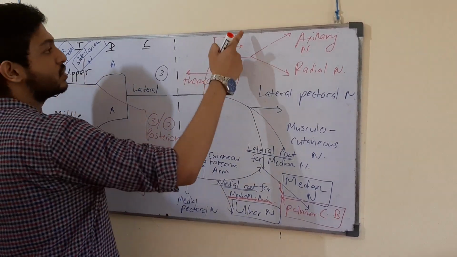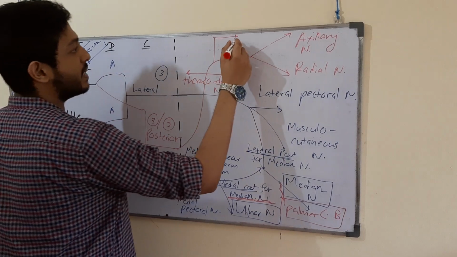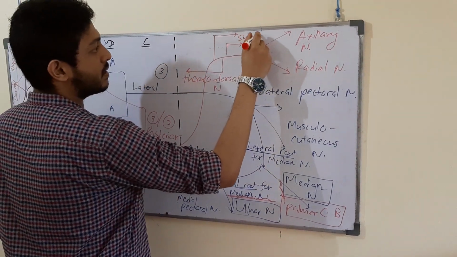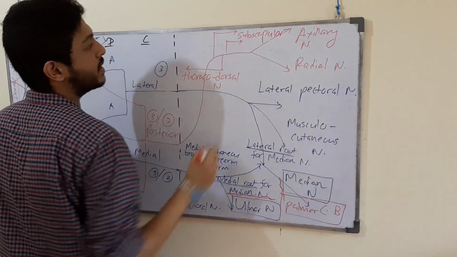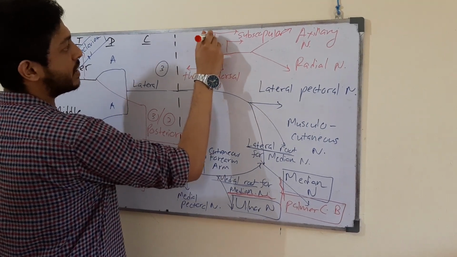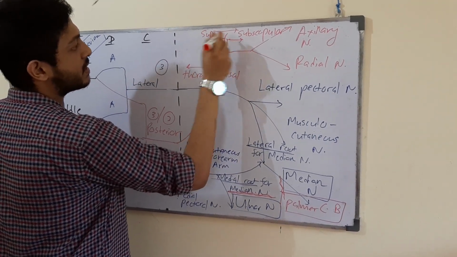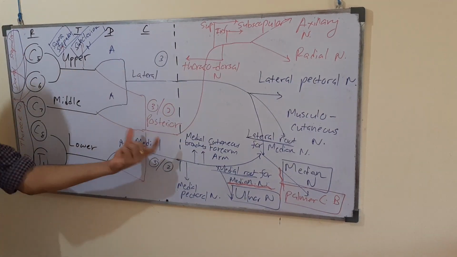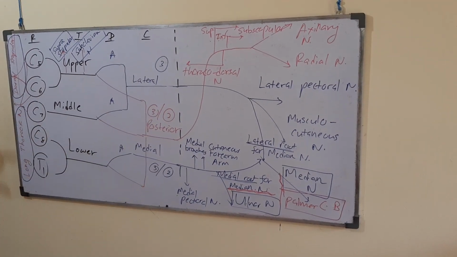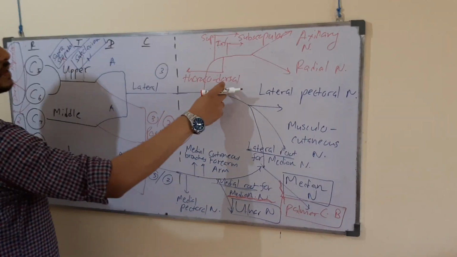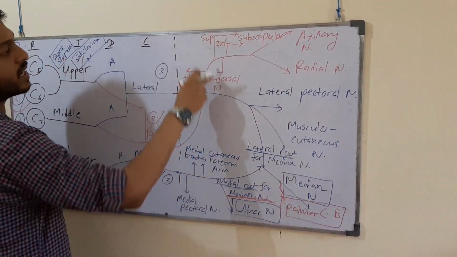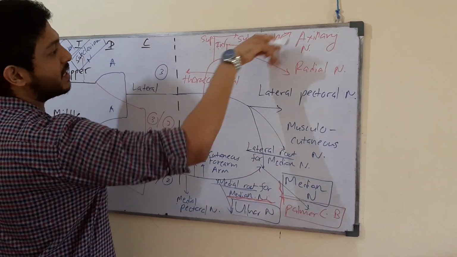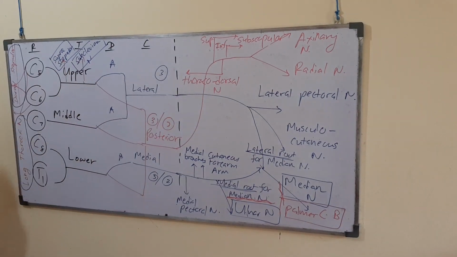Then we have the superior and inferior subscapular nerve. So this is the superior and this is the inferior subscapular nerve. So those are the five main branches of the posterior cord of the brachial plexus, right? We have the thoracodorsal nerve, the superior subscapular nerve, the inferior subscapular nerve, the axillary nerve, and the radial nerve.